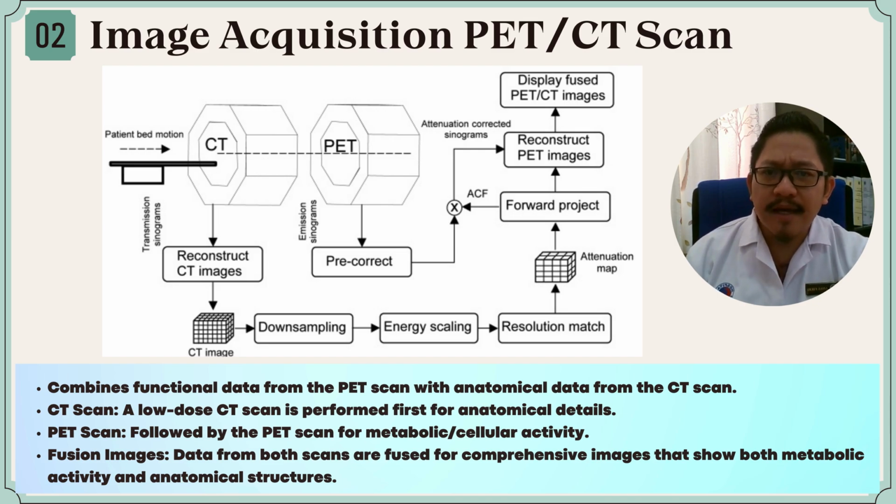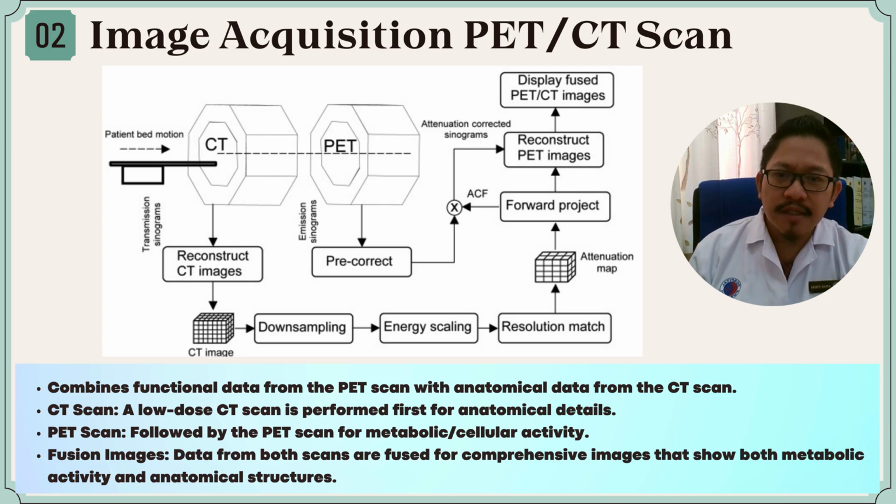Then the images are reconstructed. Advanced algorithms reconstruct the PET image from the raw data, correcting for factors like attenuation and scatter. And then for quantification, the standardized uptake values are calculated to quantify tracer uptake.